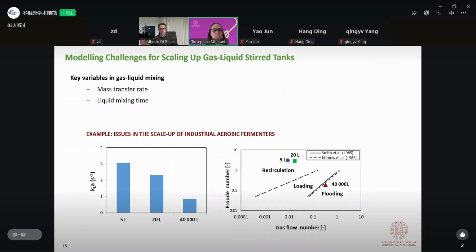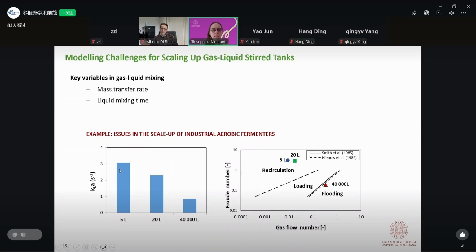And of course, it's very valuable for scaling up industrial fermenters, for instance, among others, but also chemical reactors where mass transfer takes place. It is particularly important to be able to predict well mass transfer and liquid mixing time.